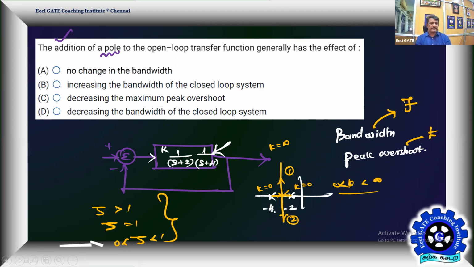We should connect it. So addition of a pole to the open loop transfer function generally has the effect of what? If it is a first order, we should not talk about the peak overshoot. If it is a second order, we can talk about the peak overshoot.